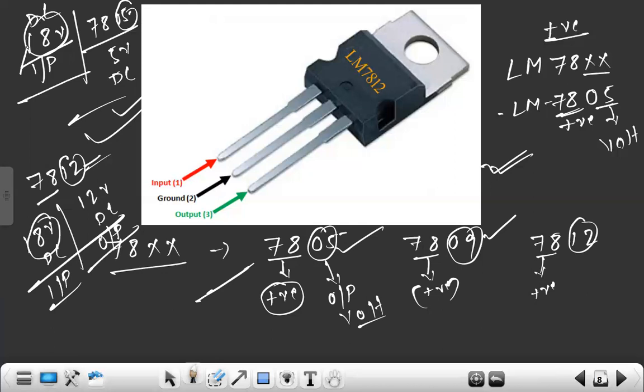If there is fluctuation in the primary input, there will be no fluctuation in the output voltage. That is the use of this voltage regulator. That's why we can say this is a regulated DC voltage power supply.